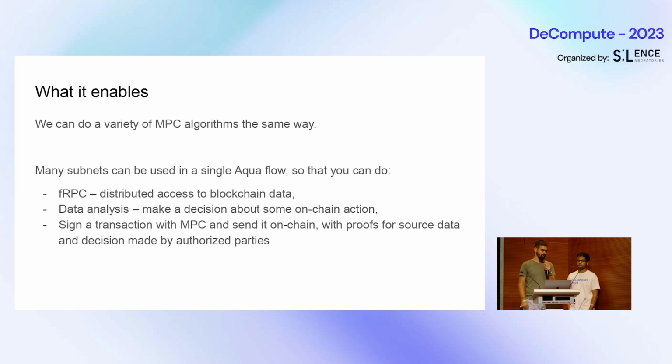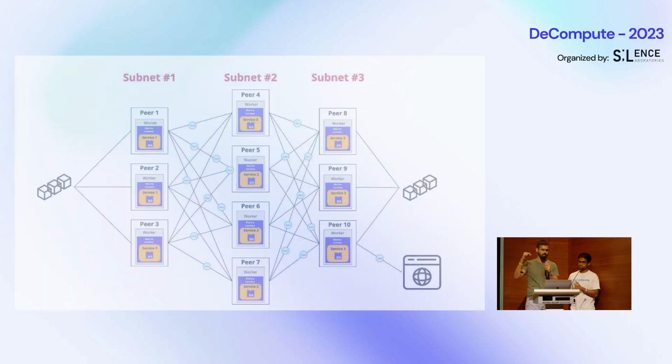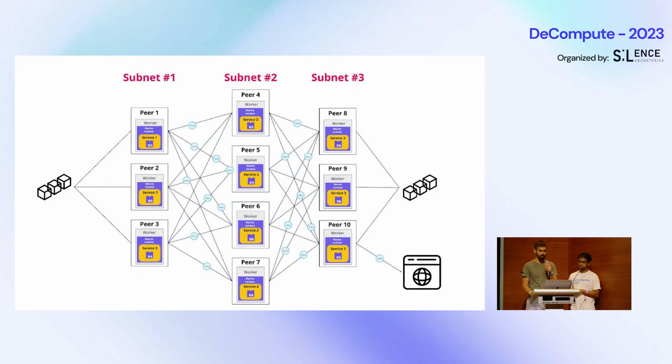And then we can sign a transaction with MPC and send it on-chain with proofs for the source data and for the decision being made by authorized parties, and do some composition like this, some pipelines. So it could look like this when we have different subnets, and we can have blockchain on the left, blockchain on the right. It could be different blockchains. We can push execution to the web browser as well, as we can run a Fluence Peer in the web browser. So that's quite powerful.